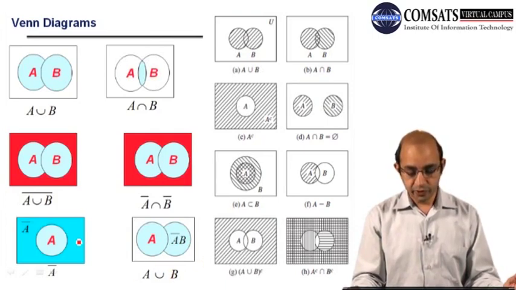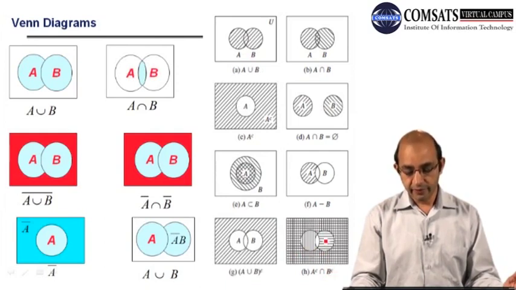So let's move here. If we have two circles, one representing A and the other representing B, and I take A complement as the horizontal lines, you can see that the horizontal lines are not passing through this circle, but we can see the vertical lines.